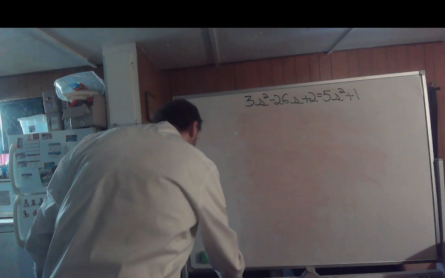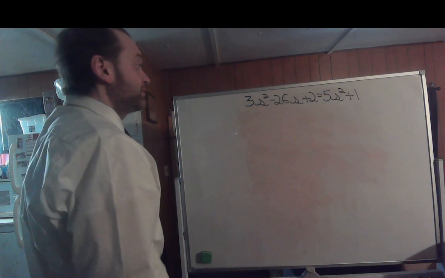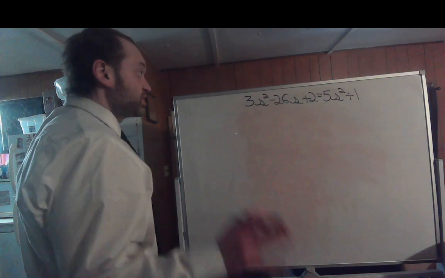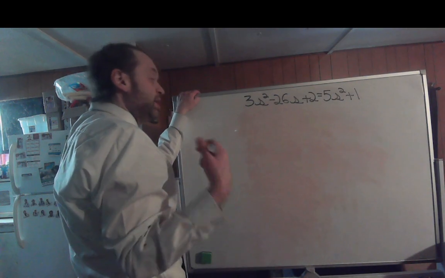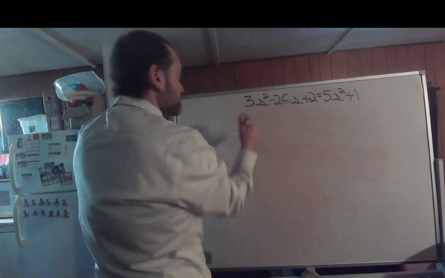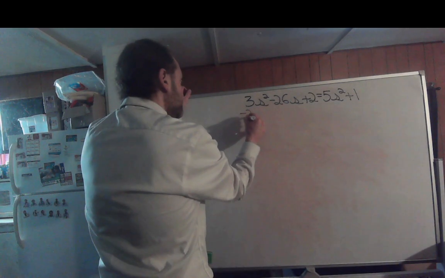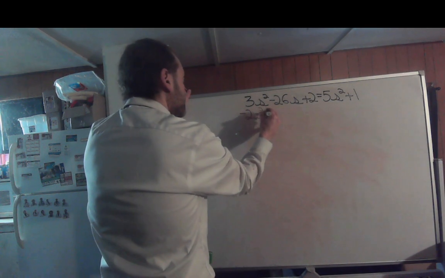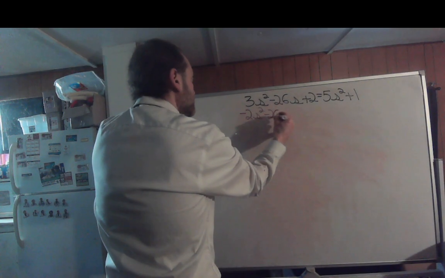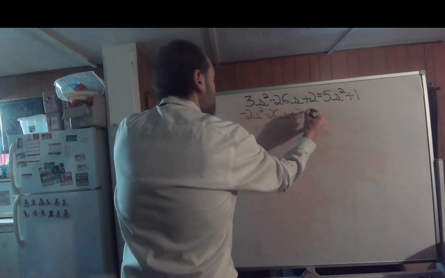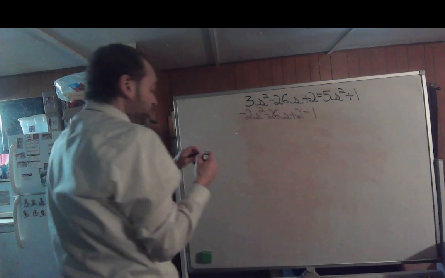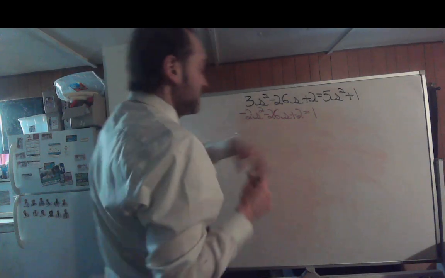Alright, so let's start by getting rid of the s squared term out of the right-hand side. So subtract 5s squared from both sides. This will turn into negative 2s squared minus 26s plus 2 would equal 1.